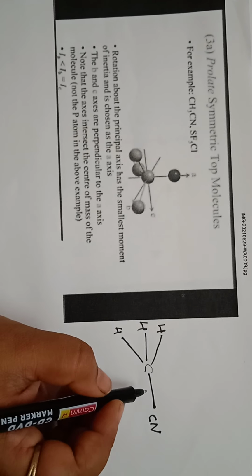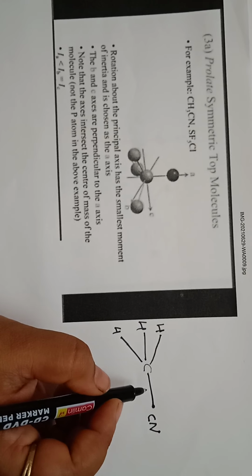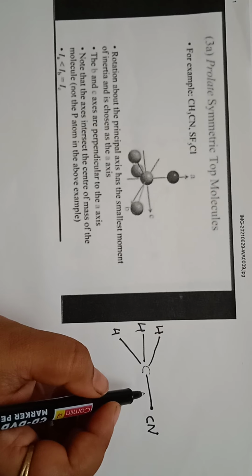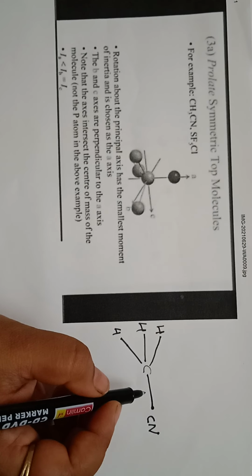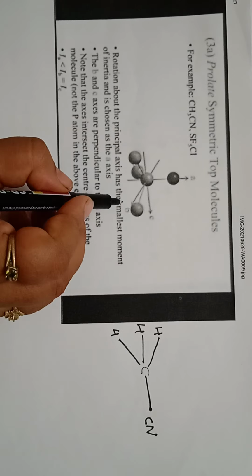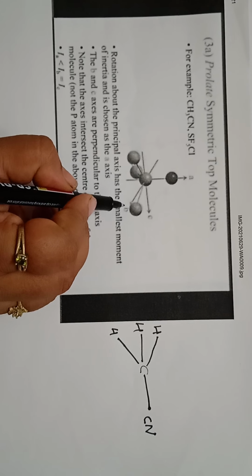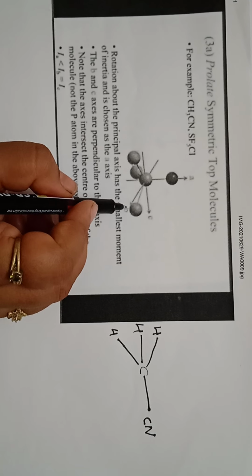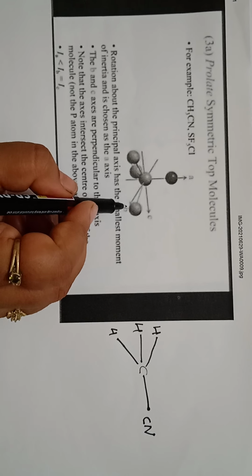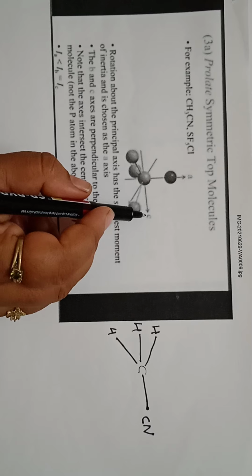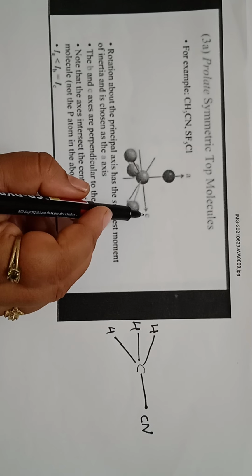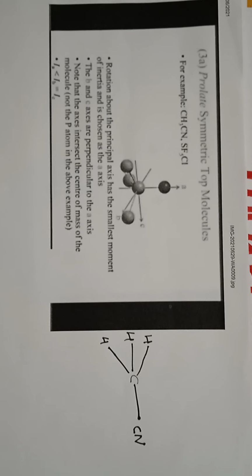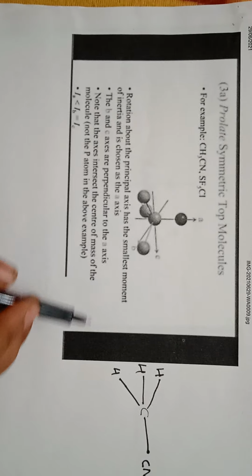As in the case of the linear molecule, the end over end rotations in and out of the plane of the paper are still identical. We have IB is equal to IC.